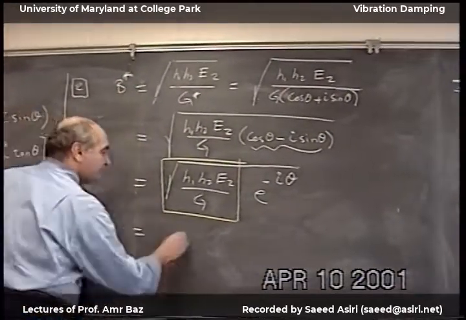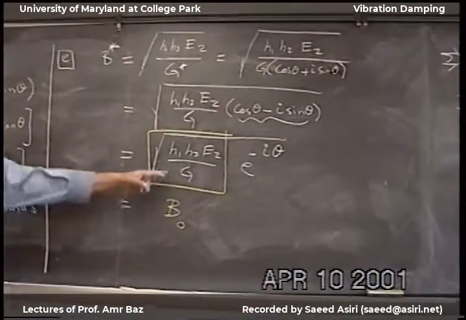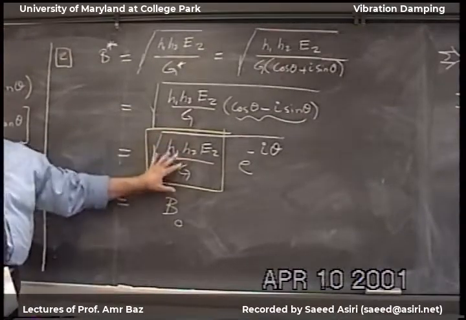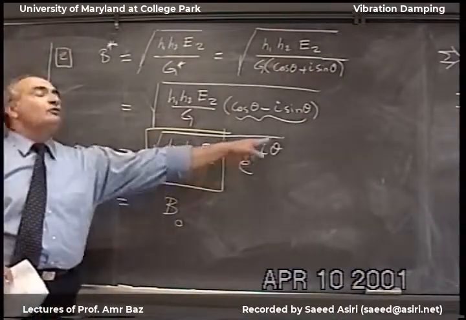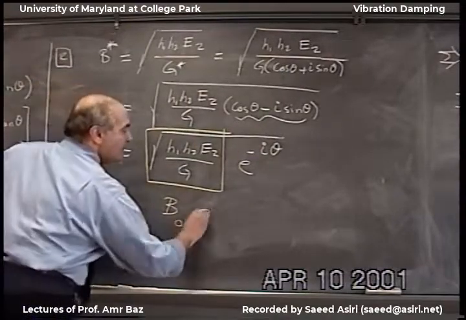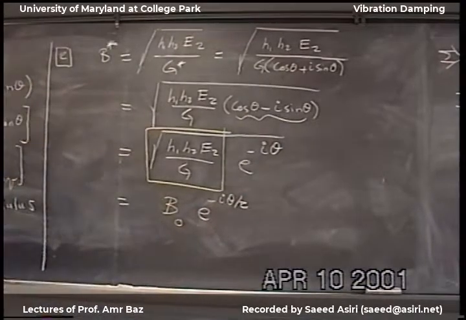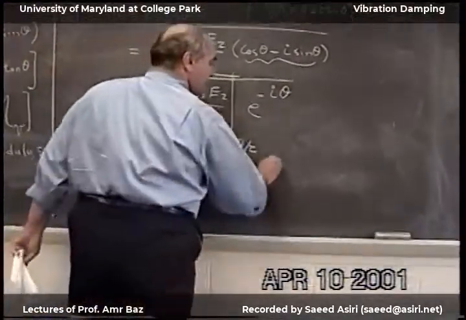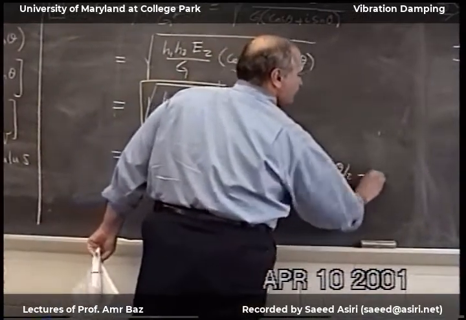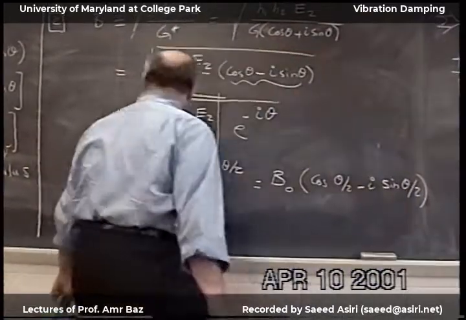I'm going to call this just B 0. This is real number. This is real, and real. And it is the square root of this. Now the square root of what we have here is exponential e to the minus I theta over 2. So now I can expand this. Becomes B0 cosine theta over 2 minus I sine theta over 2.